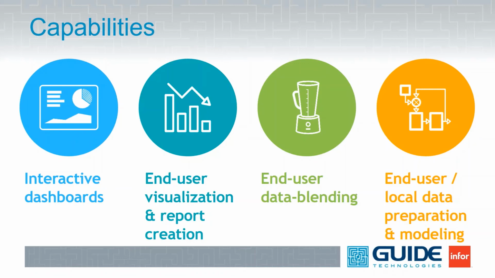It also has built-in data blending and data modeling tools so that your end users can tie in other data sources than just CSI. So it's very common that you're collecting a bunch of data in your ERP system, but you have data silos.